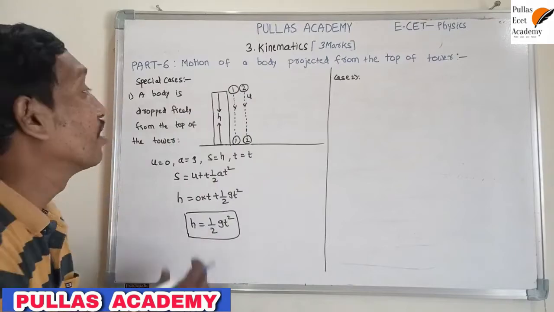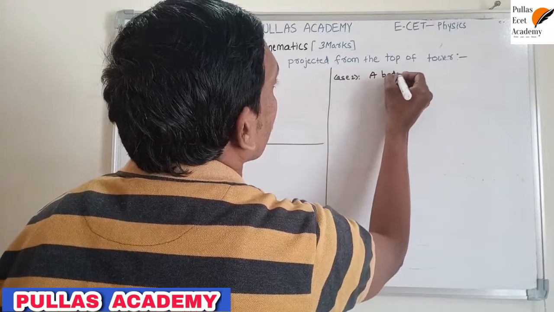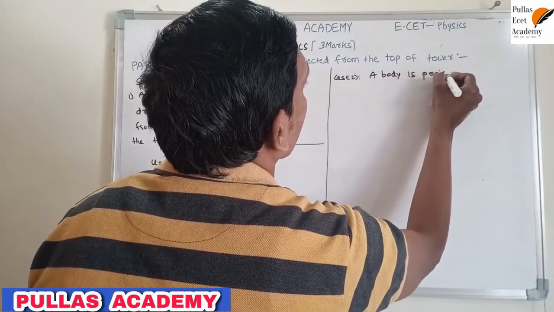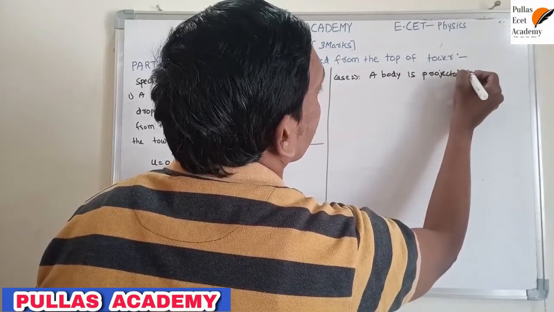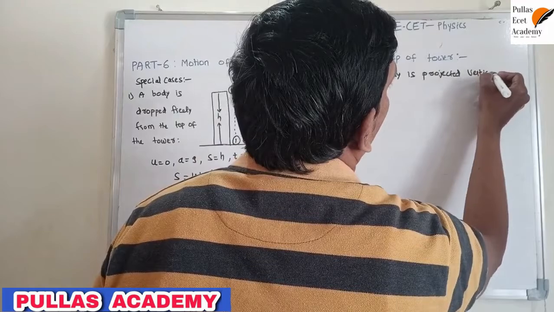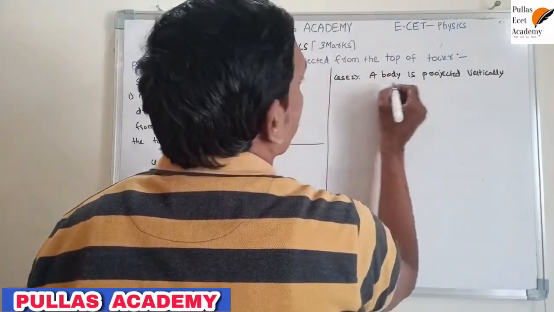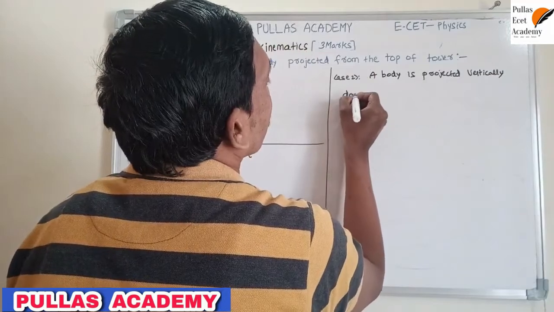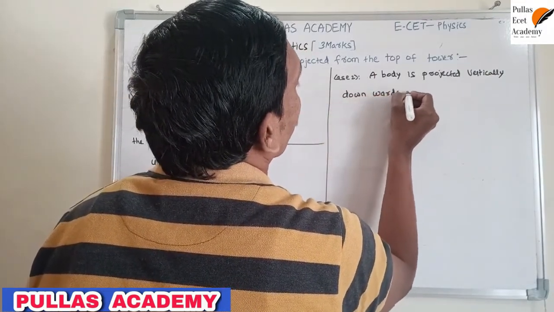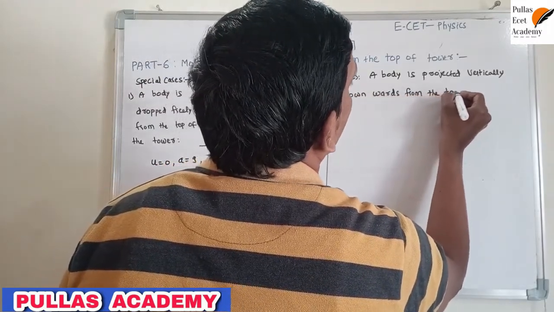That's the difference. That means the second case is a body projected vertically downwards from the top of the tower.